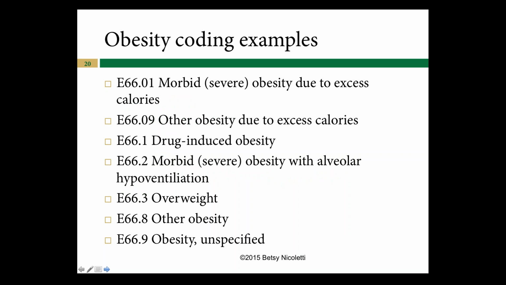But here are the codes in ICD-10. Morbid obesity, drug-induced obesity, overweight, other, and unspecified. So of course we would try not to use that obesity unspecified code, E66.9, if we had a code that was more specific, listed before it in the E66 category of codes.